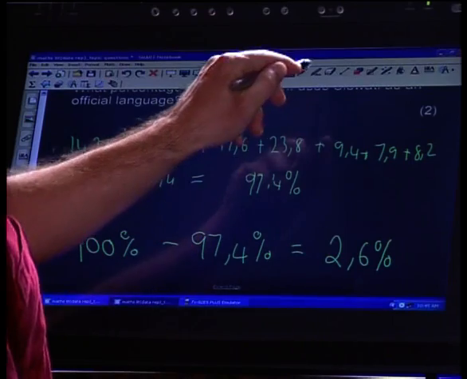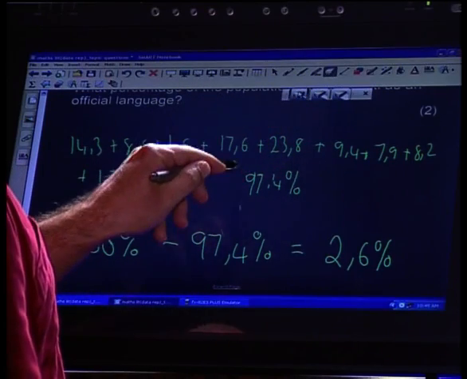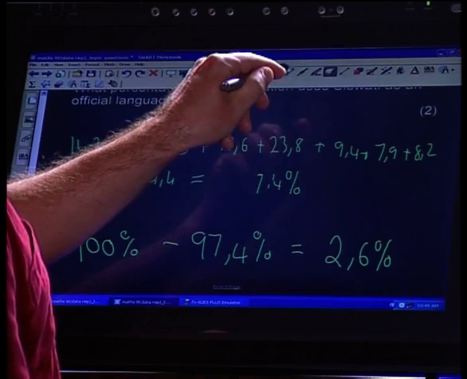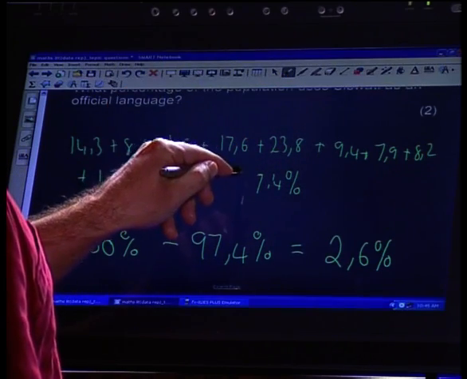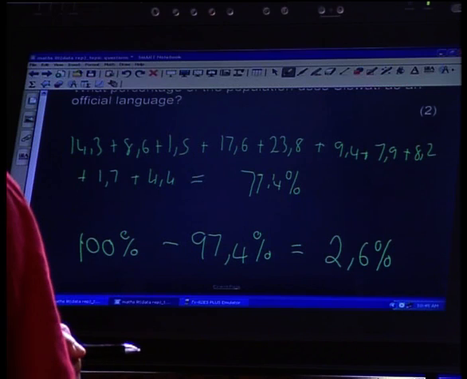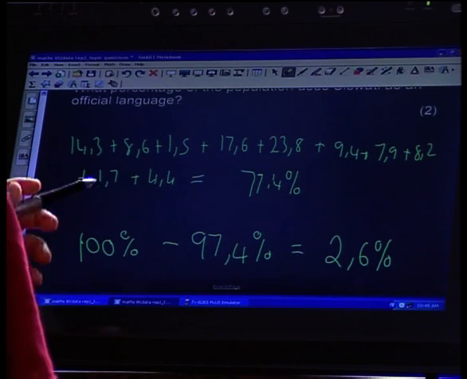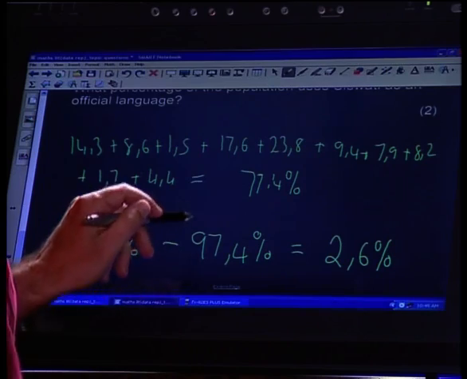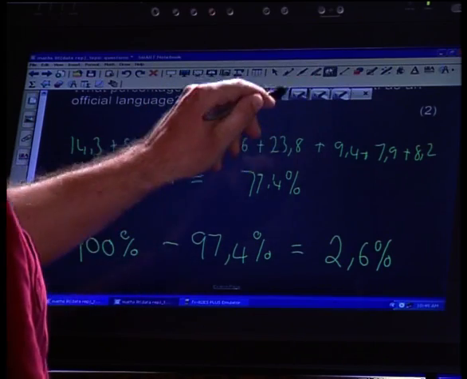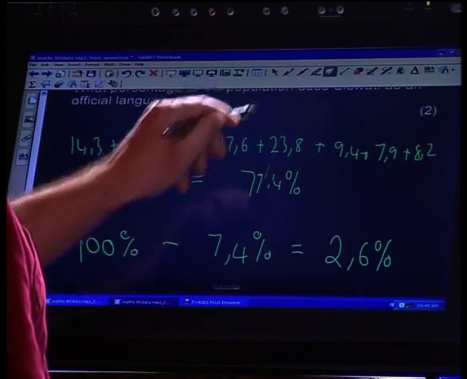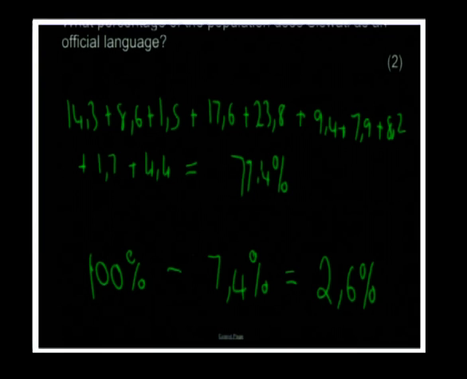For example, if you were working your calculation and perhaps you came to this answer and you got an answer of, let's make it 77.4%. Then when you go and do your calculation of the 100% and you subtract, and we'll need to erase this one as well, we'll now subtract 77.4%, we'd end up with an answer of 22.6%.